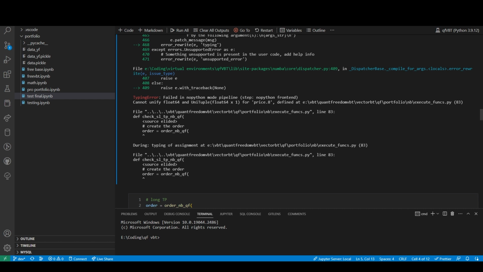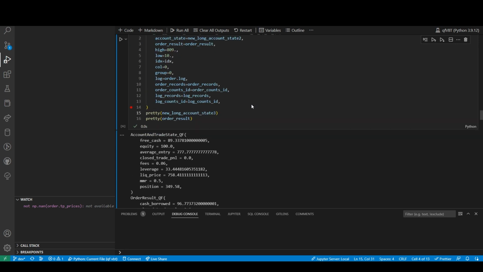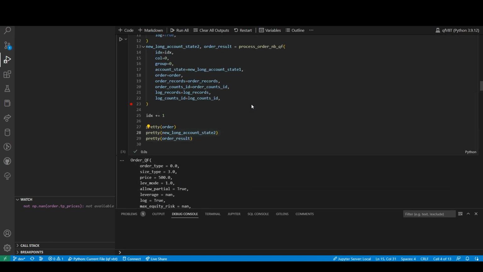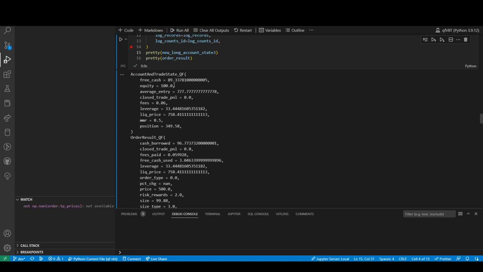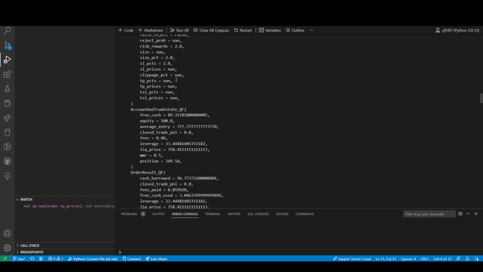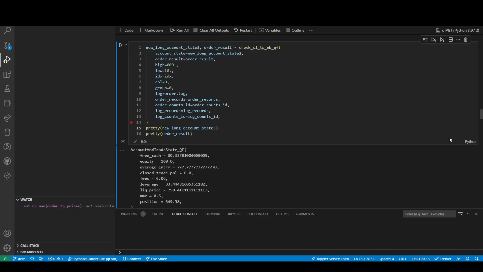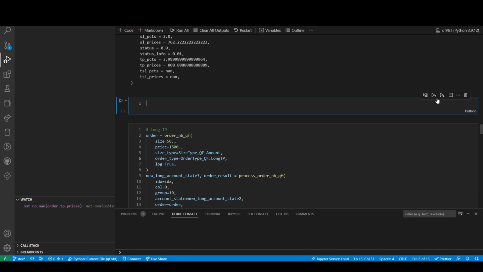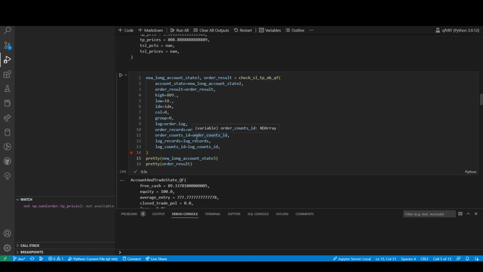Float 1, so something is wrong. What the hell happened? I guess I'm running into no... What? My free cache was 89. I think maybe I have to rerun everything. Why is there cash borrowed? Oh, yeah, I remember. Wait, what the hell?